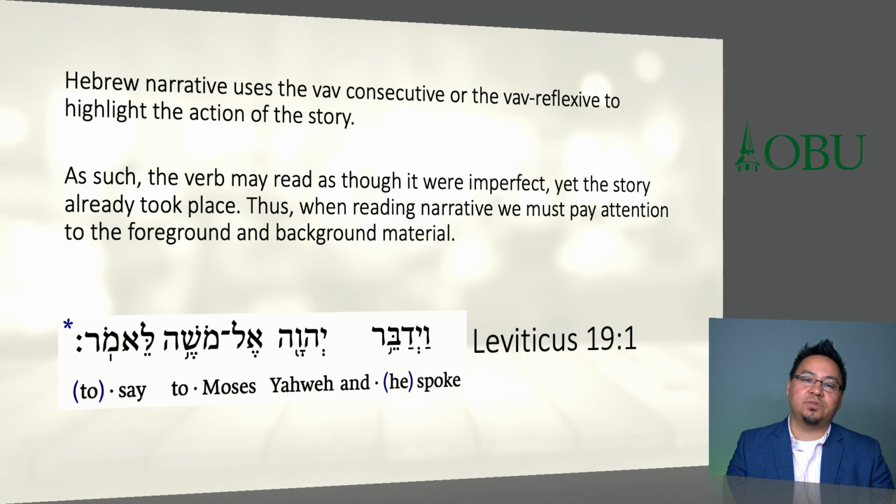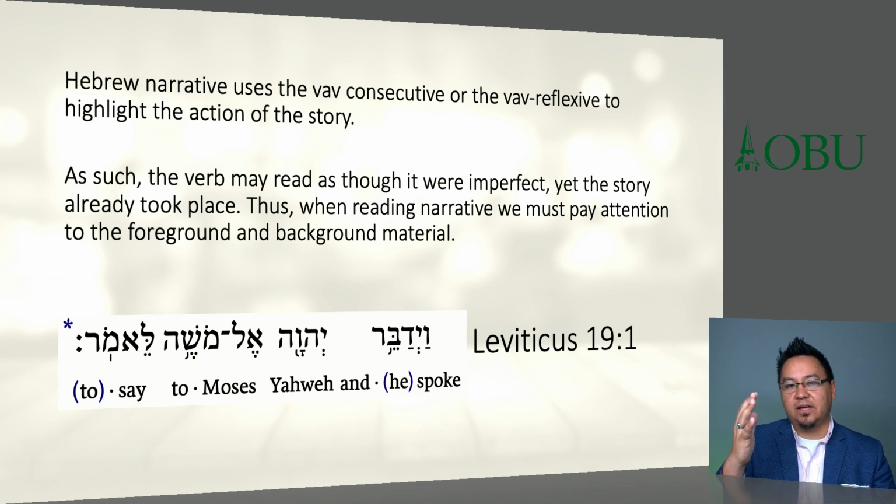Hebrew narrative uses something that is called the vav consecutive or the vav reflexive, okay? We had talked about the vav all the way back in what I call the Hey Abimelech principle. Those are the letters that might magnetize onto the front of a word. Oftentimes they're the letters that are prepositions, such as the beit, the kof, the mem, the lamed, the hey. But there's also the vav.